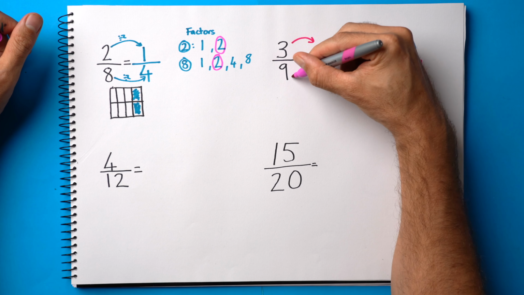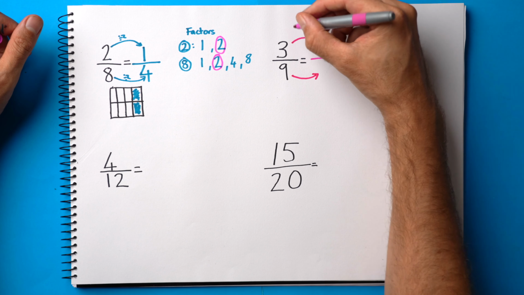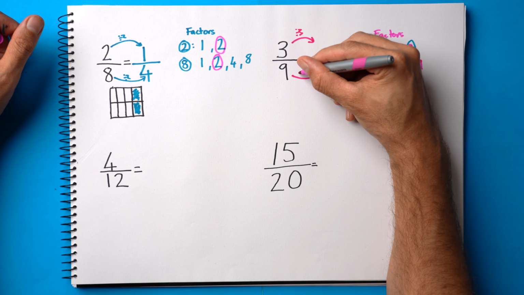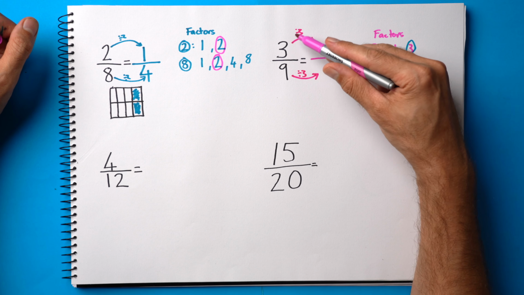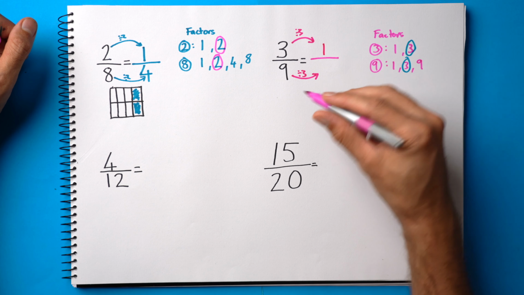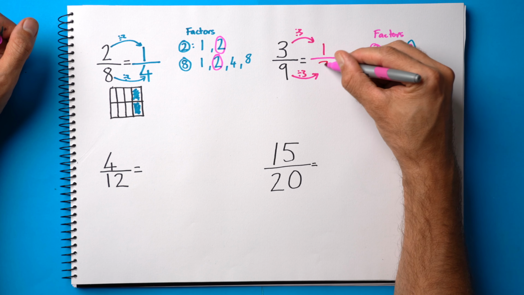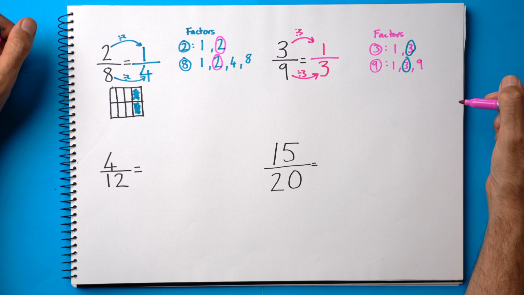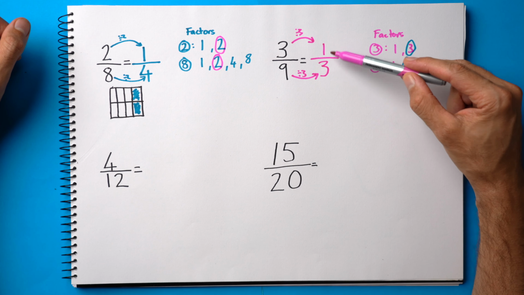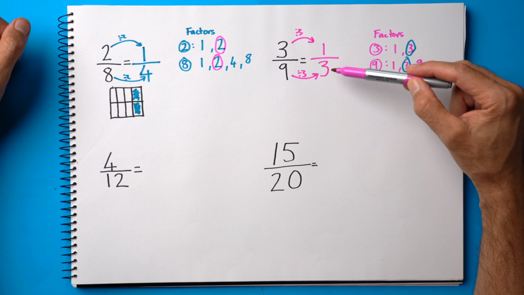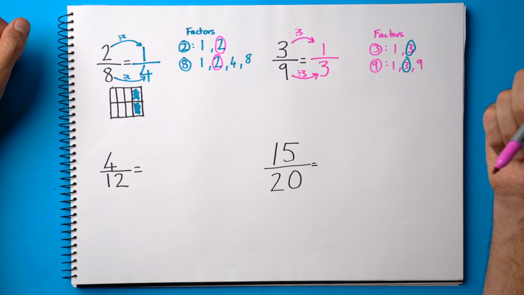And remember, we're going to do the same to the top and the bottom. So divide by 3, divide by 3. 3 divided by 3 is 1, and 9 divided by 3 is 3. So that gives us a fraction of 1/3. 3/9 is the same as 1/3, but 1/3 is a simpler way of writing it.